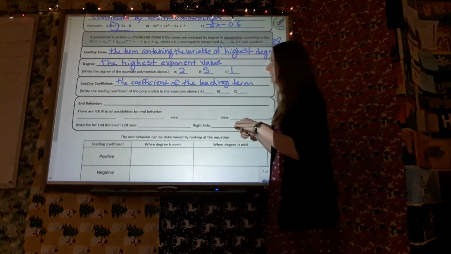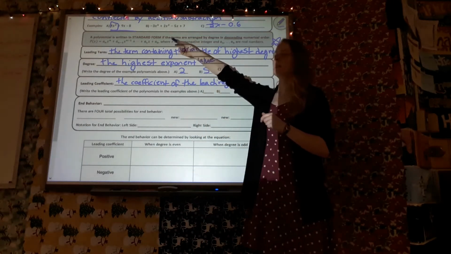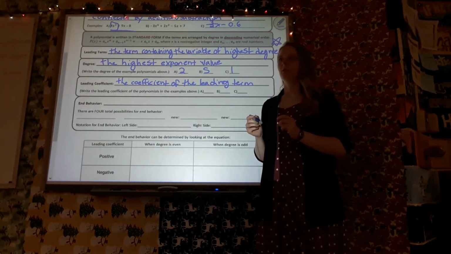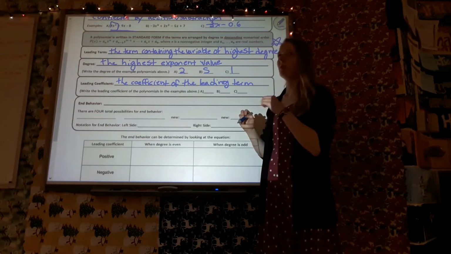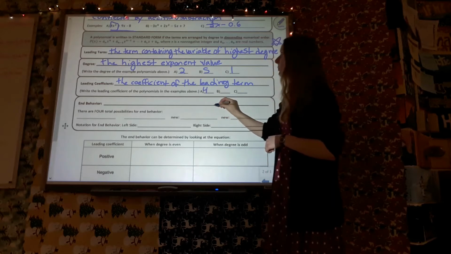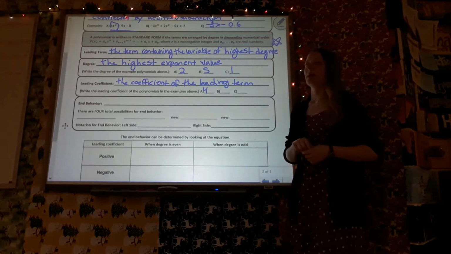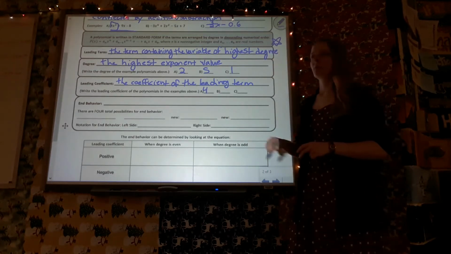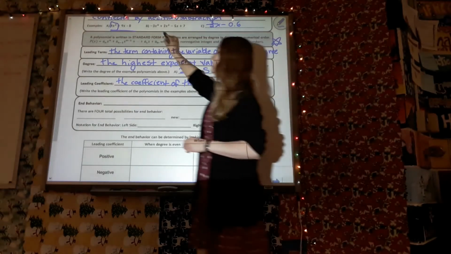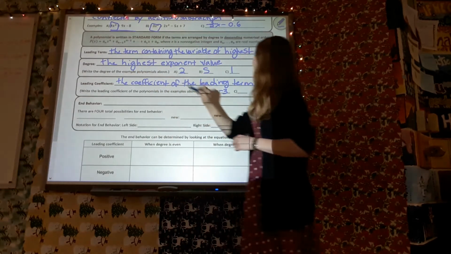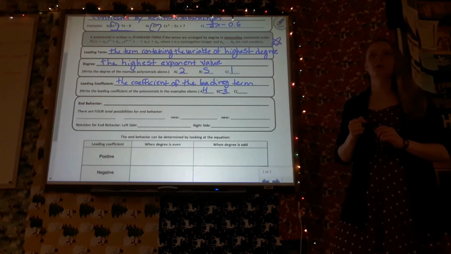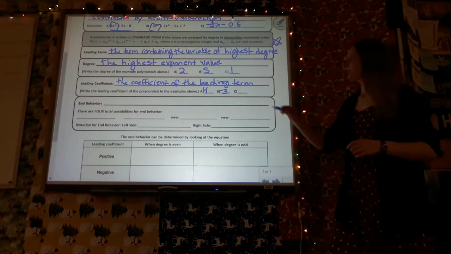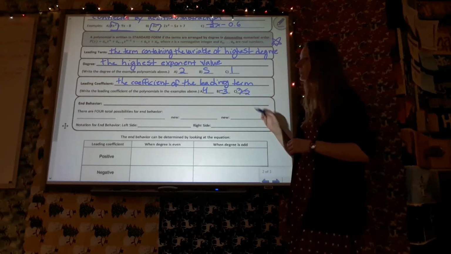Okay. So if I ask for the leading coefficient of example A, what would it be? The leading coefficient would be 4. What's the leading coefficient of example B? -3, because that's the coefficient of the leading term. And then what would the leading coefficient be for example C? 3/2, right?